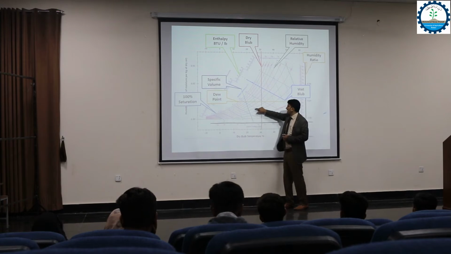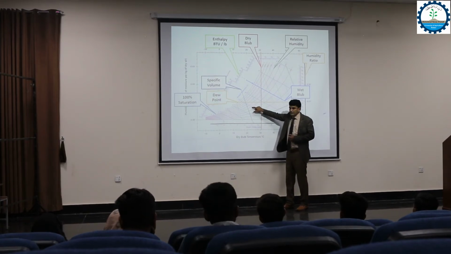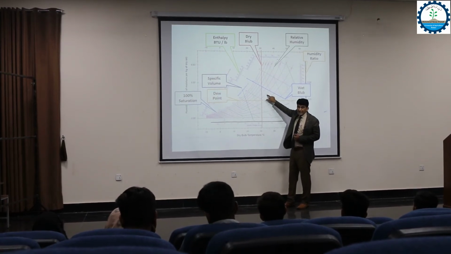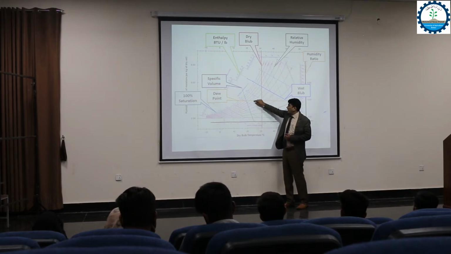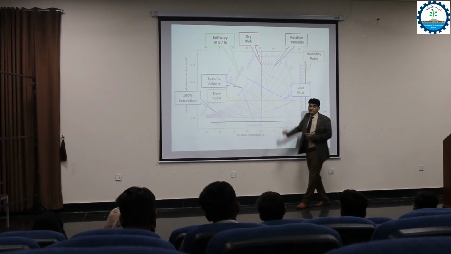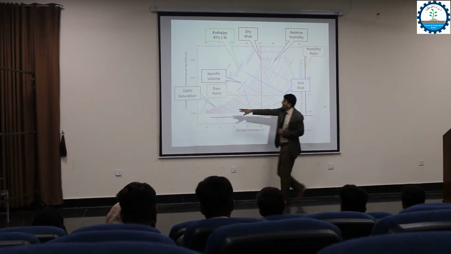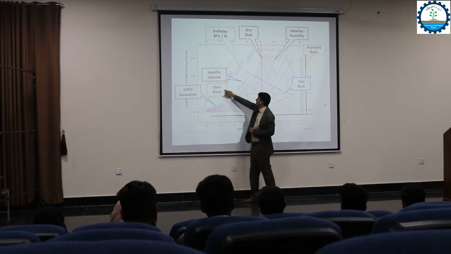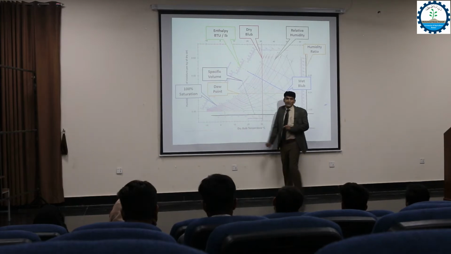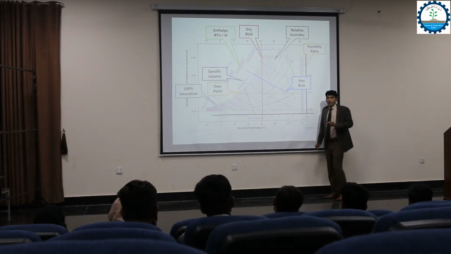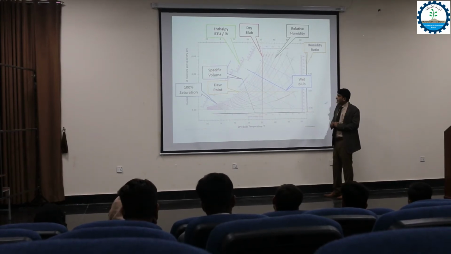Suppose there are the vertical curvy relative humidity lines where the point lies, you can predict the relative humidity. This stair-like condition is actually the enthalpy line of the air.